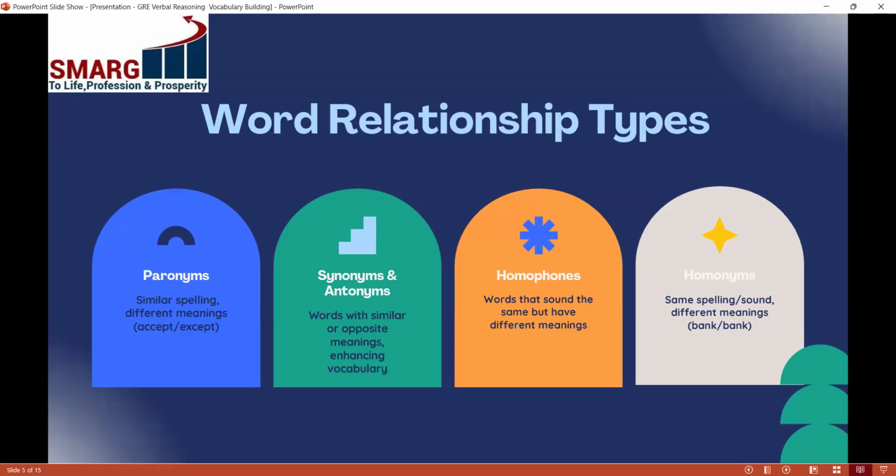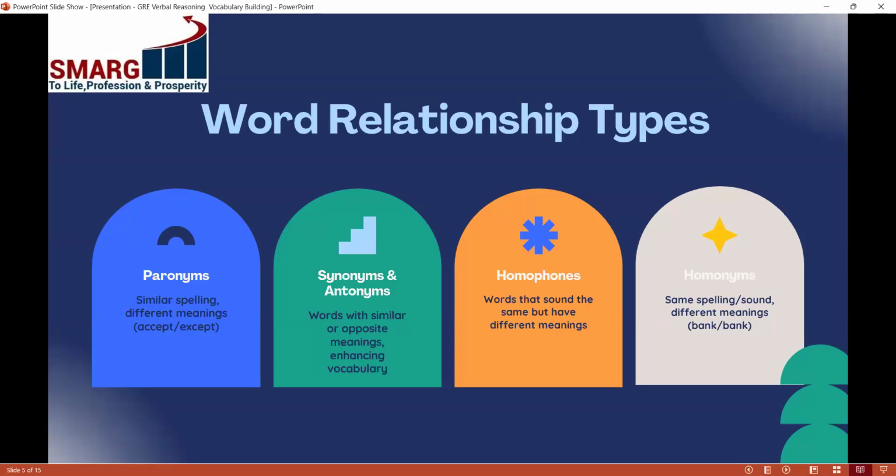So, accept and except. You can see structurally their suffix is similar, but their prefix is different, so the meanings have changed. They sound similar, and the structure happens to be pretty similar morphologically, but the meanings are different.